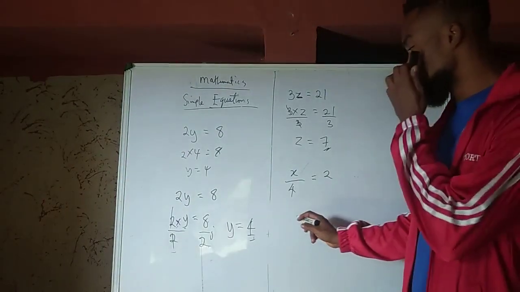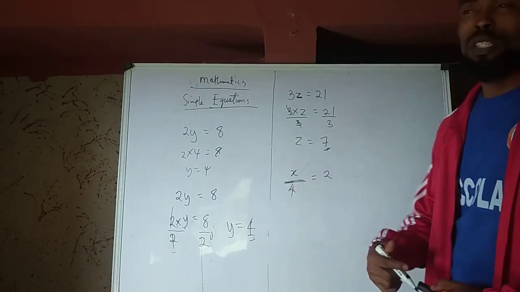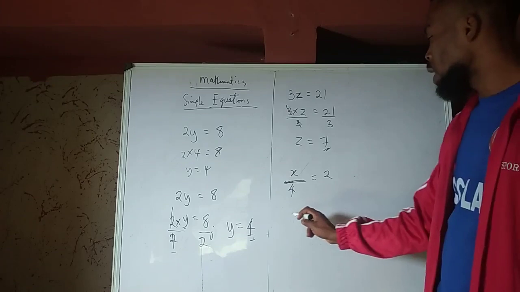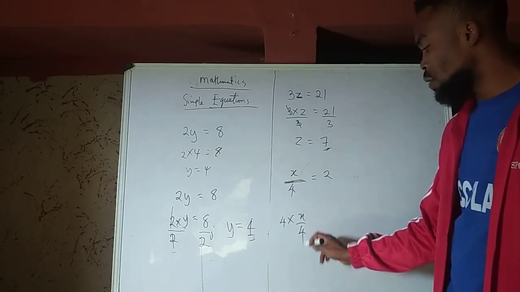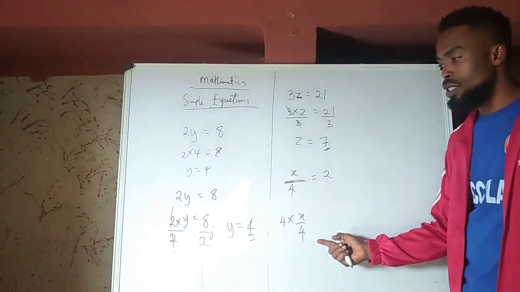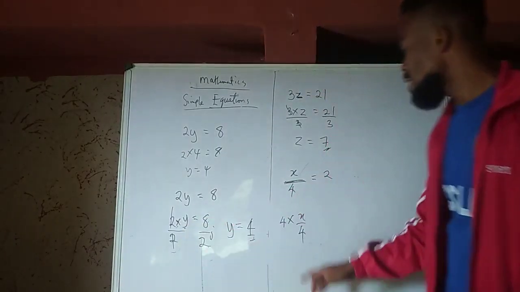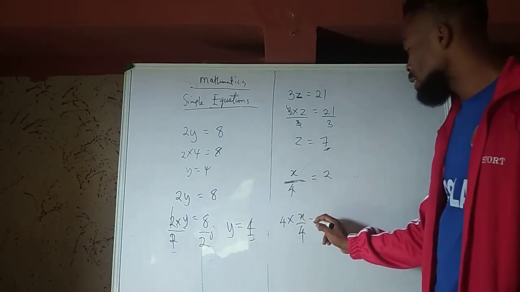Since this is division, we do multiplication, the opposite. So we are going to have 4 times x over 4 equals 2. Are you seeing this? Here, when it was multiplication, we divided. Here, since it is division, we are going to multiply.